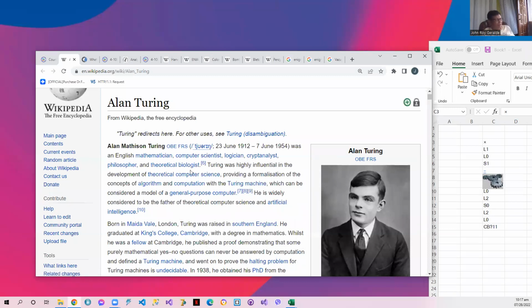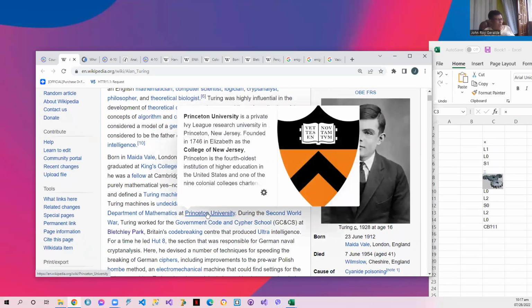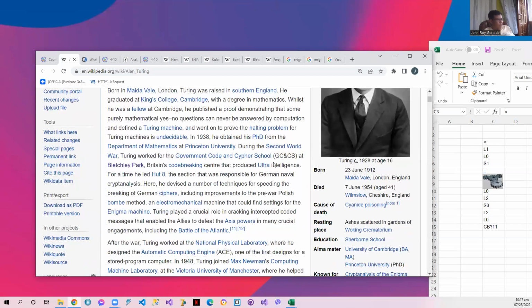No? So he's known to be a computer scientist, a logician, cryptanalyst, philosopher, and theoretical biologist. No? He finished his PhD in math from Princeton University in what? 1938, I think. Okay, just before the Second World War.